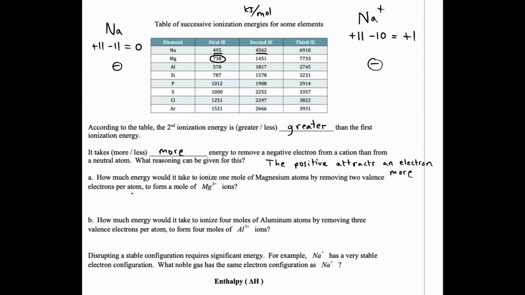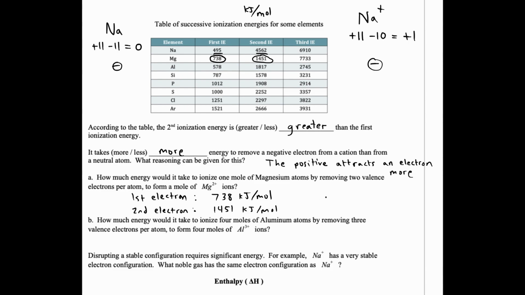So for the first electron, it's going to be 738 kilojoules per mole. And then when we go to remove the second electron, that is 1451 right here, kilojoules per mole.